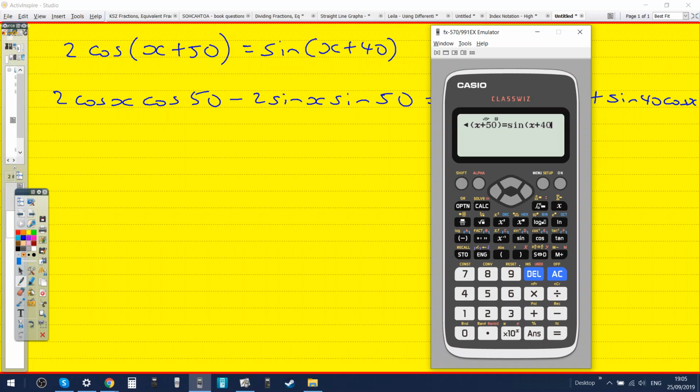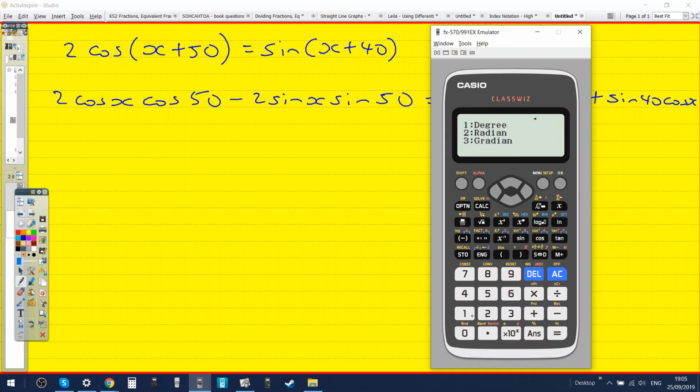What I managed to do in my working was convert the cos 40 into sin 50. Cos 40 into sin 50, yes. How does that work?